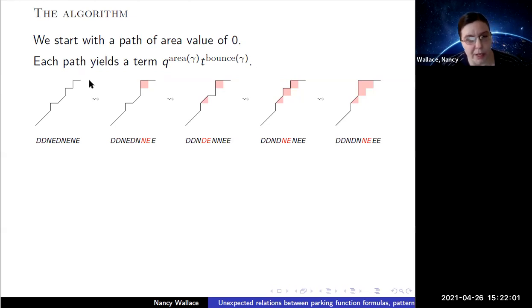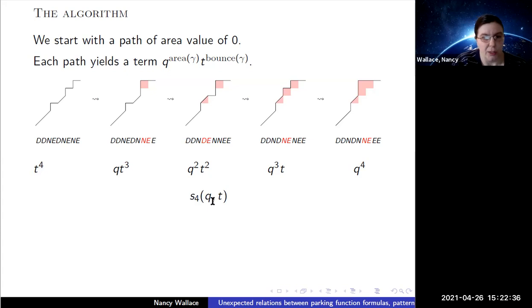You start with the area 0 function, and then you slowly sort them, bringing the east steps to the right. And this only adds 1 to the area and takes bounce down by 1 for each step. So you get all the paths for your Schur function. So this would be bounce 4, area 1, bounce 3, and so on. So this, like I said before, is the Schur function S4 in q,t.